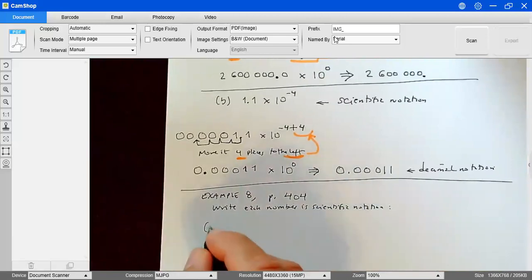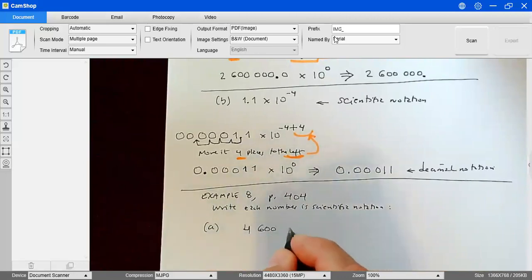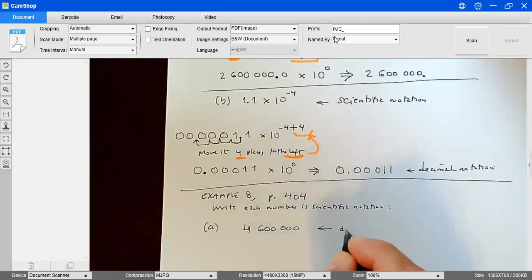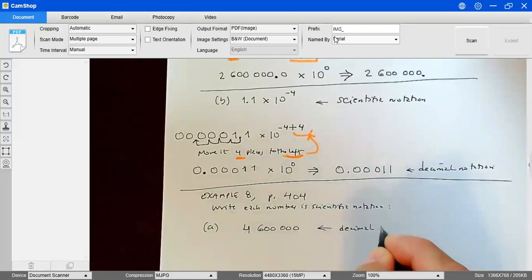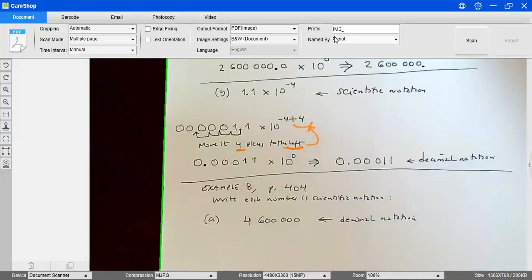So we're going to start with 4,600,000. So this is now a number in decimal notation. Now we need to find the scientific notation. So we're going to write this number as a power of 10.